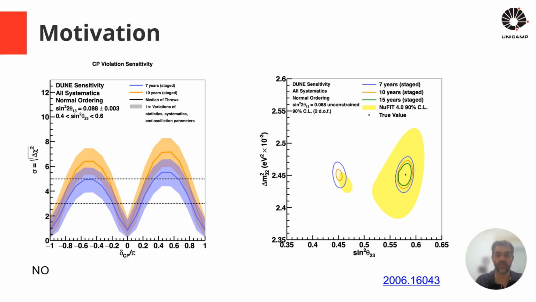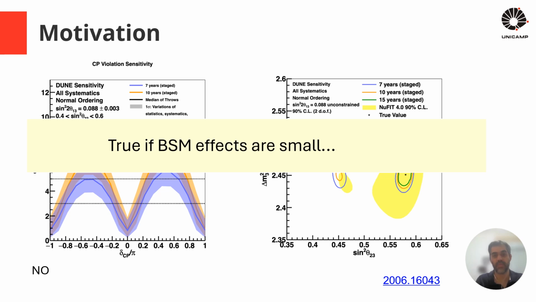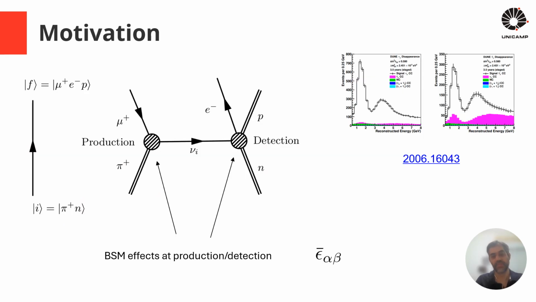But this can only be achieved if BSM effects are small. This was discussed in the literature in a lot of papers. In a general way, what BSM effects can show up in a long baseline experiment? Basically, we can introduce BSM effects at production or detection.